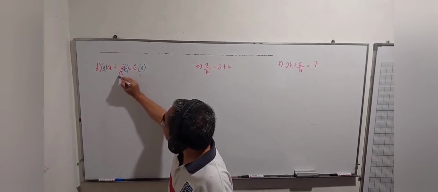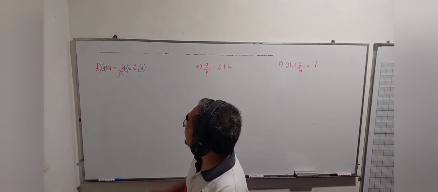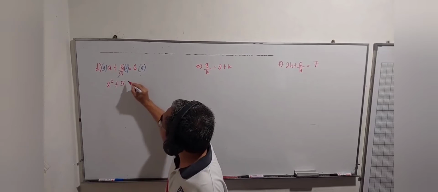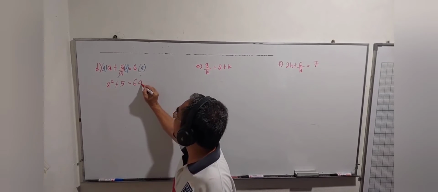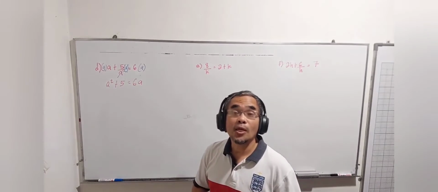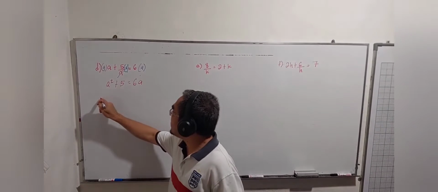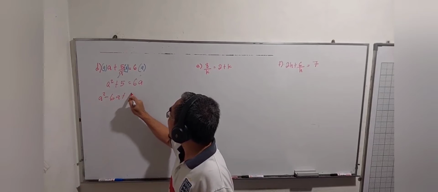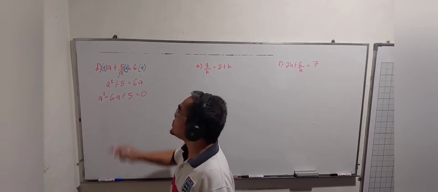So you cut here, and then your answer should be A squared plus 5 equals 6A. Next, make it into general form. So it becomes A squared minus 6A plus 5 equals 0.